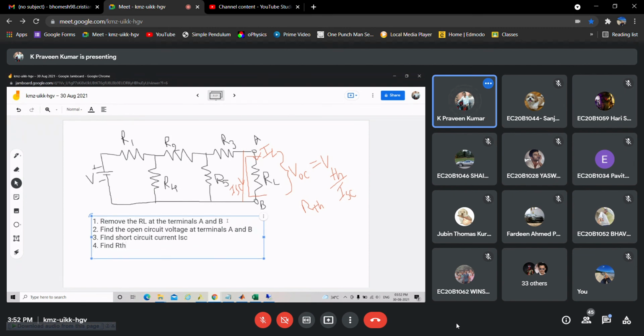Next, restore the RL at terminals A and B. Then obtain the IL current.